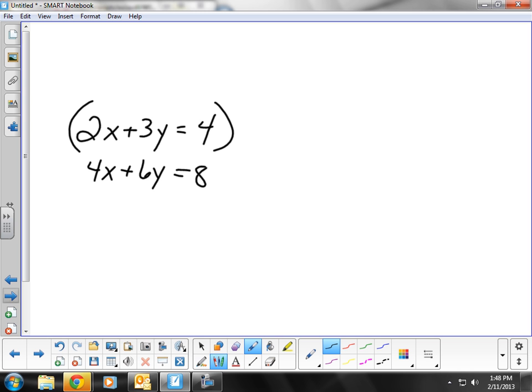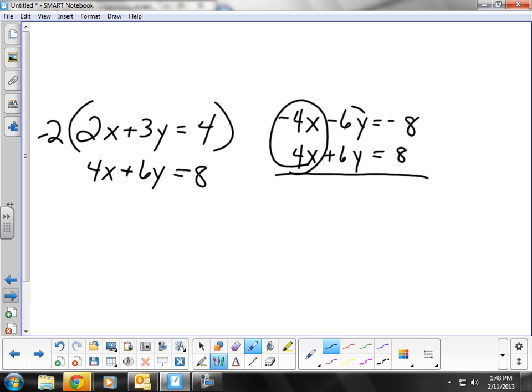So we're going to take that top one and multiply through by negative 2, right? So we're going to get rid of x's. So I got negative 4x minus 6y equals negative 8. And then the bottom one is 4x plus 6y is equal to positive 8. And then look what happens. And you get 0 equals 0.